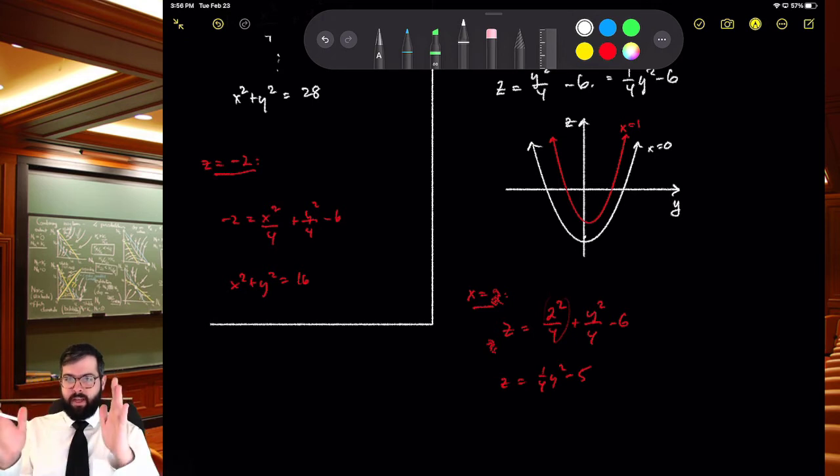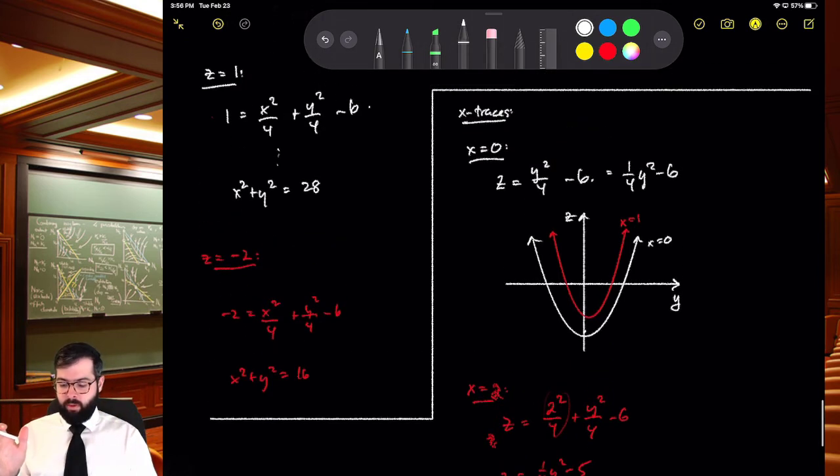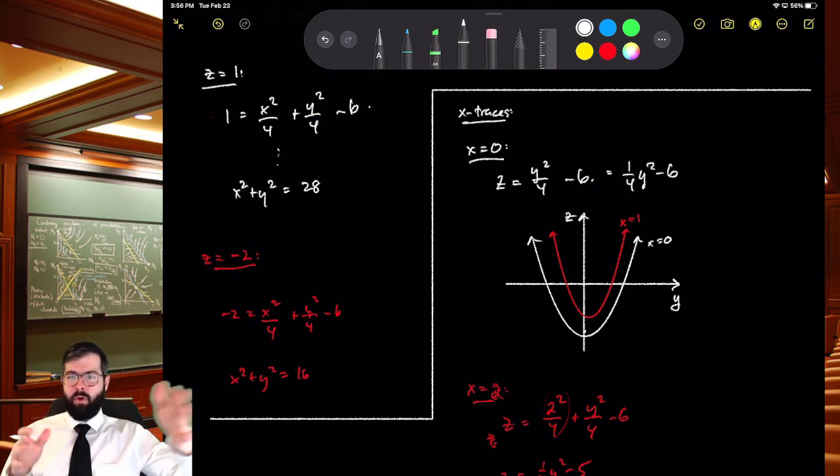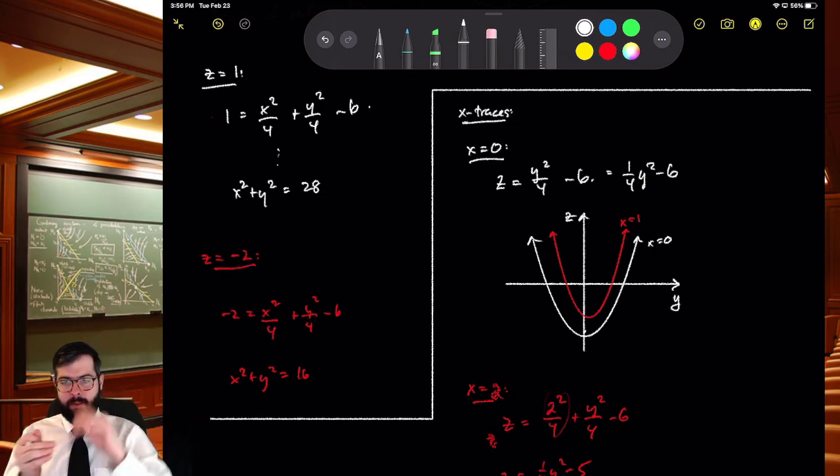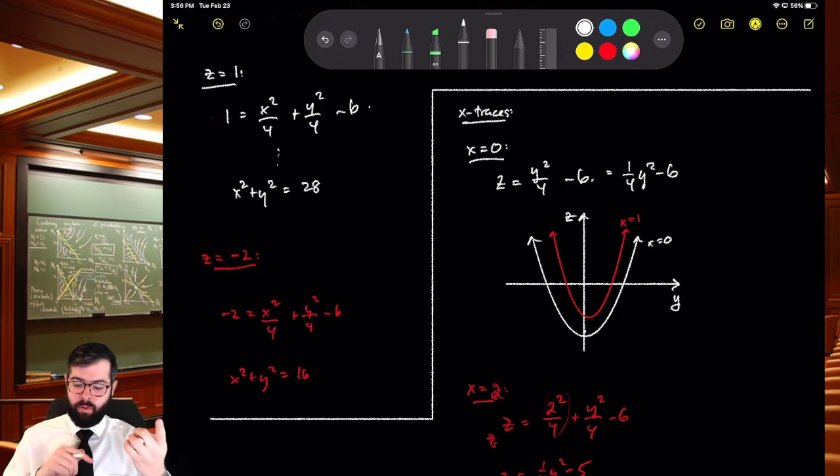So when we look down the yz plane, which is the front wall of the room, they look like parabolas that are shifting up. And the same is true when we look at the xz traces, the left wall.